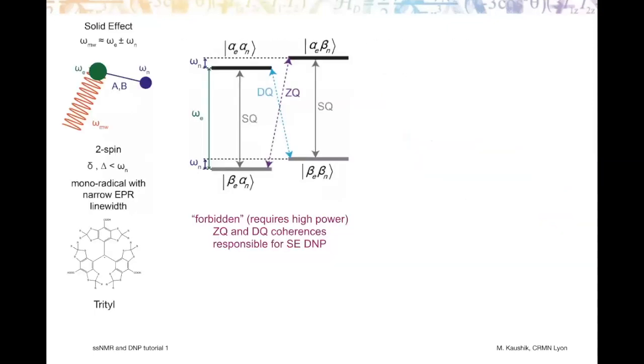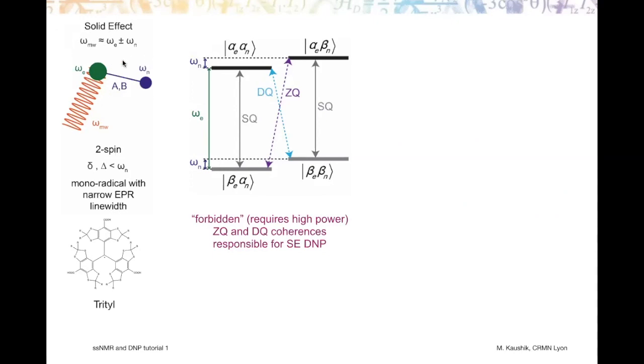I am going to start by introducing what is solid effect. This is a mechanism mostly invoked by monoradicals that have narrow EPR line width, such as trityl. It's essentially a two-spin system where electron and nuclear spins interact in the presence of microwaves.